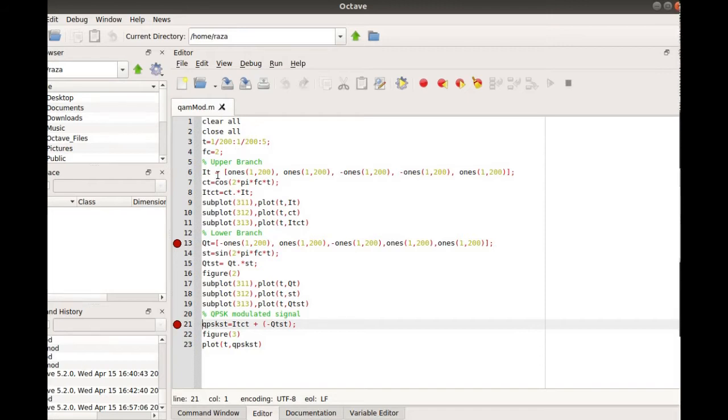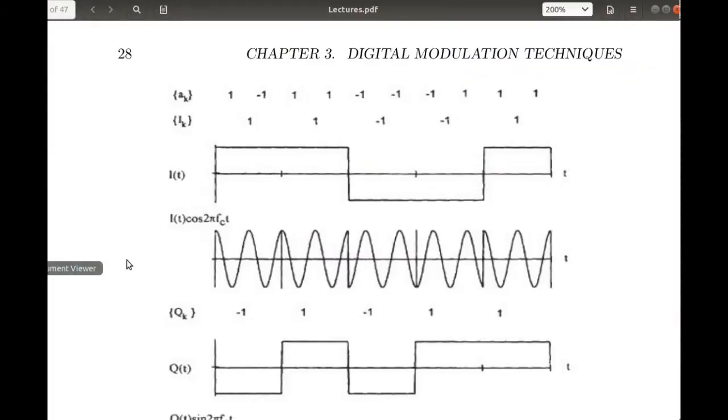So that we see the signal. This code, which we ran in the previous video, gives you this signal I(t) cos(2πf_c t).